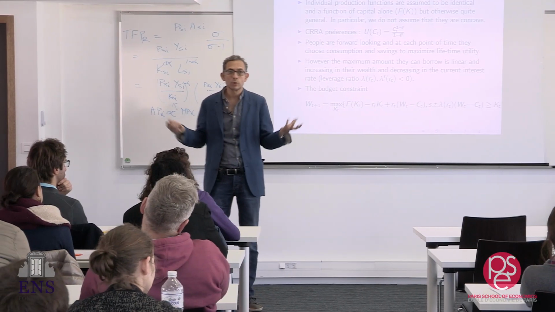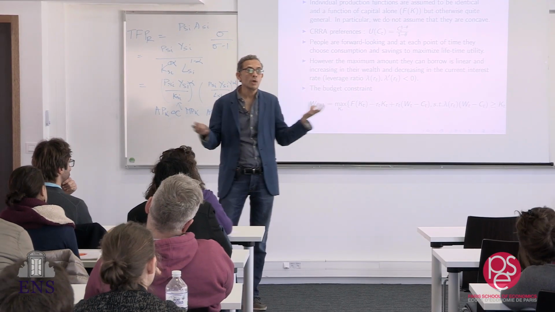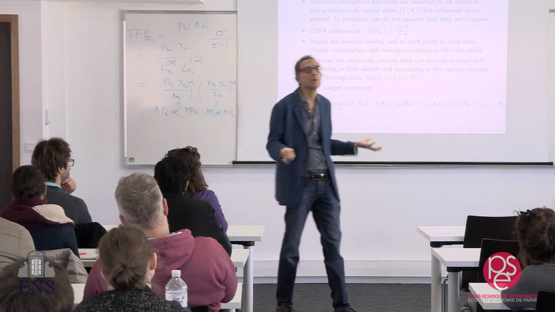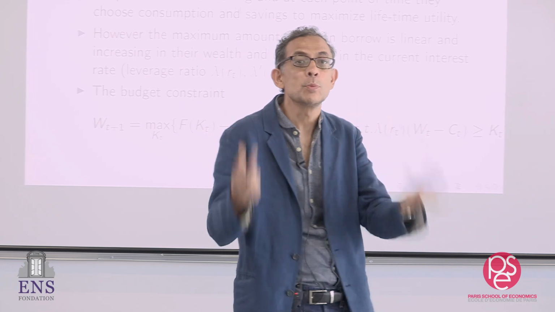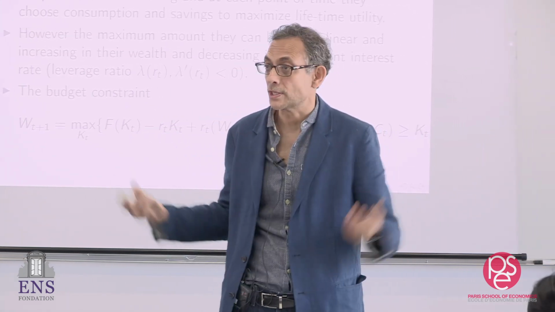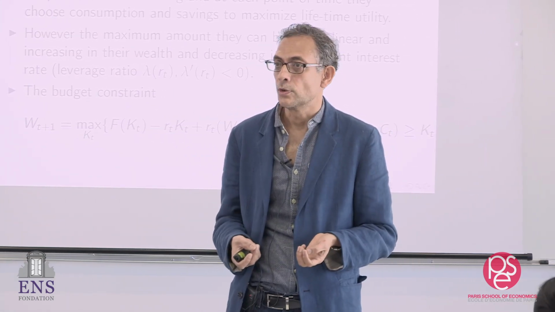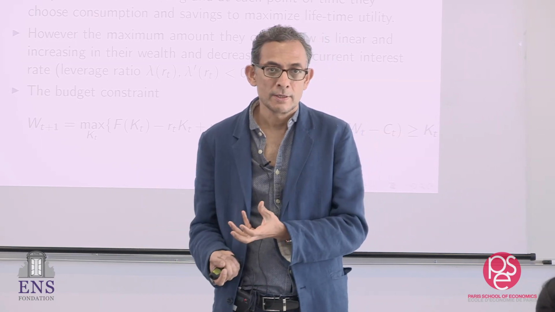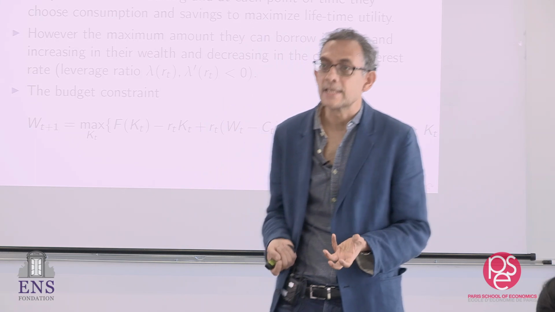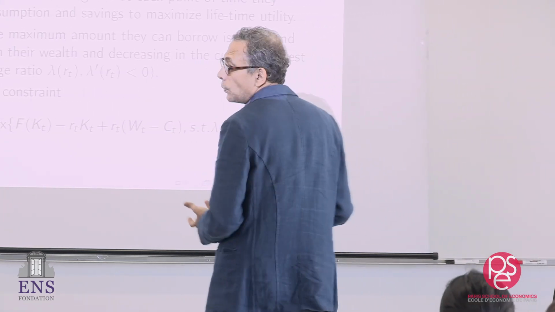When you go to the bank, this is roughly what banks do. They ask you how much equity you can put into your house, for example. They say you have to put 20% of the value of the house into your house. That's literally saying it's a linear multiple of your wealth.